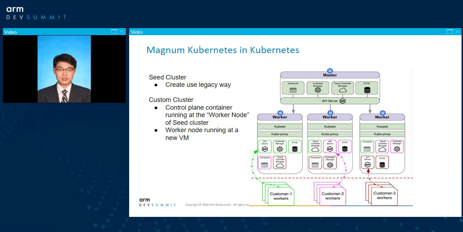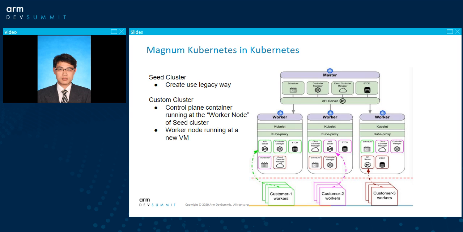After creation, Magnum will get the kubeconfig files from the seed cluster. And if you want a custom cluster, all the custom cluster components will be launched on the seed cluster's worker node.